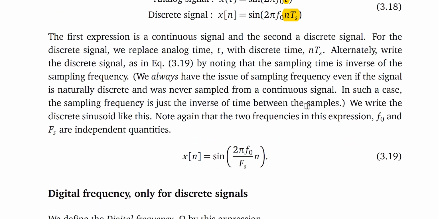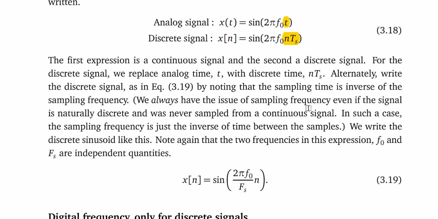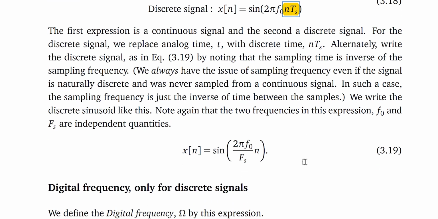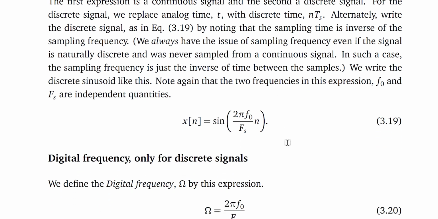All right. So now what we can do is take Ts, and remember I said that Ts is the inverse of the sampling frequency. So we can also write this particular expression, 3.18, as this one. x of n is sine of 2 pi f0, and here's n, but instead of Ts, I've just put fs in the denominator.